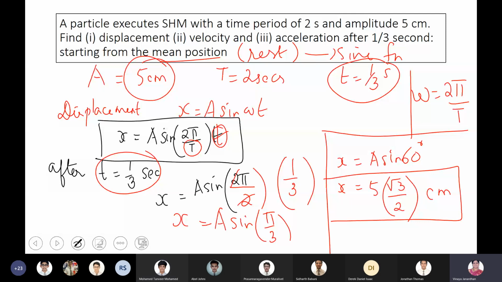Completed, boys. Then I have to go for velocity. Next, we'll go for velocity.